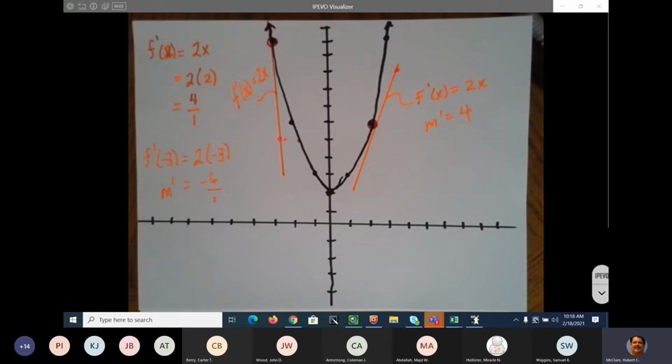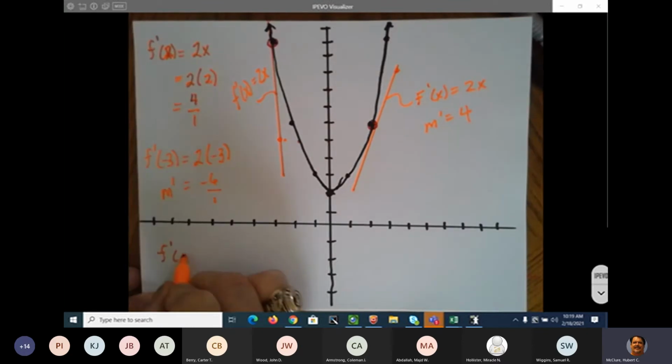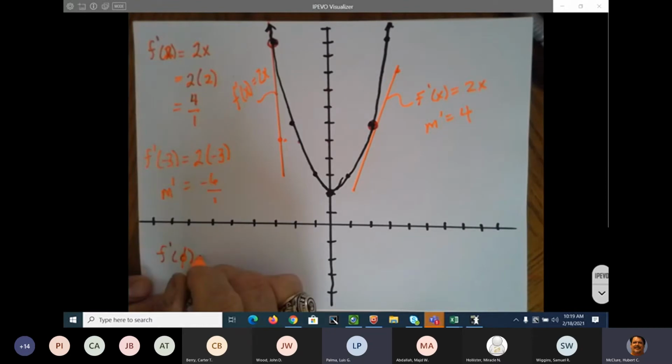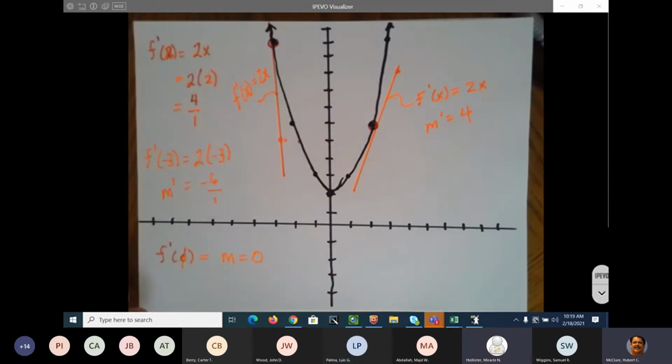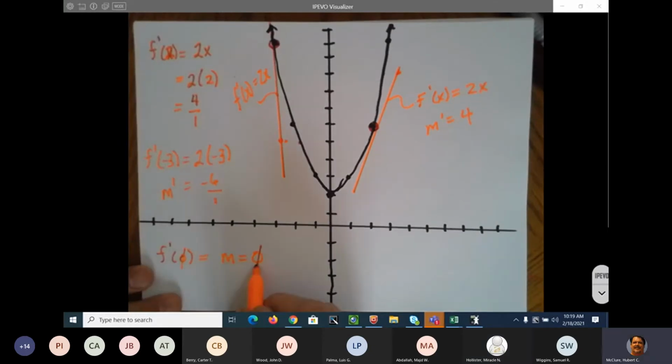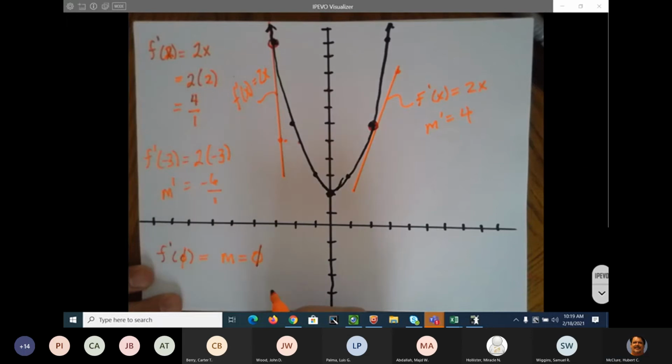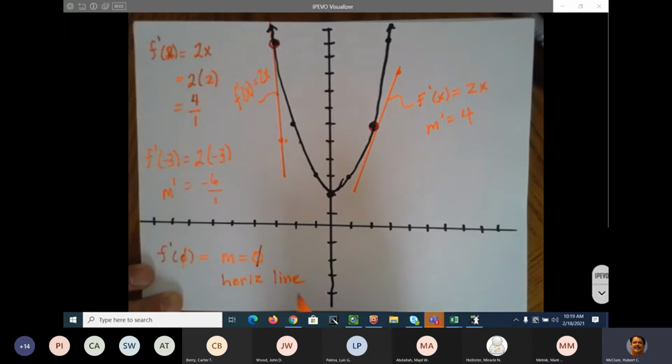Somebody tell me what you get there. 0. And what do you get when the slope is equal to 0? What is that called? No, undefined is a vertical line. What's the opposite of vertical line? Horizontal line. And that is right here.